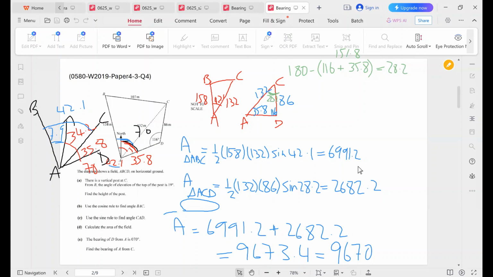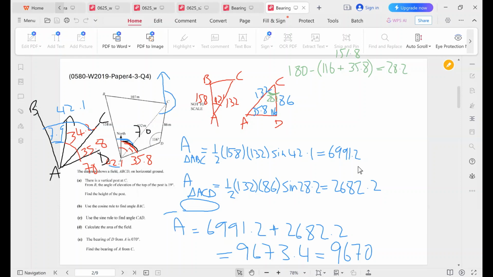So find the bearing of A from C. In order to find the bearing of A from C, we need to draw a north at C, and we need to find the angle that goes up until AC here. So how would we be able to do that?